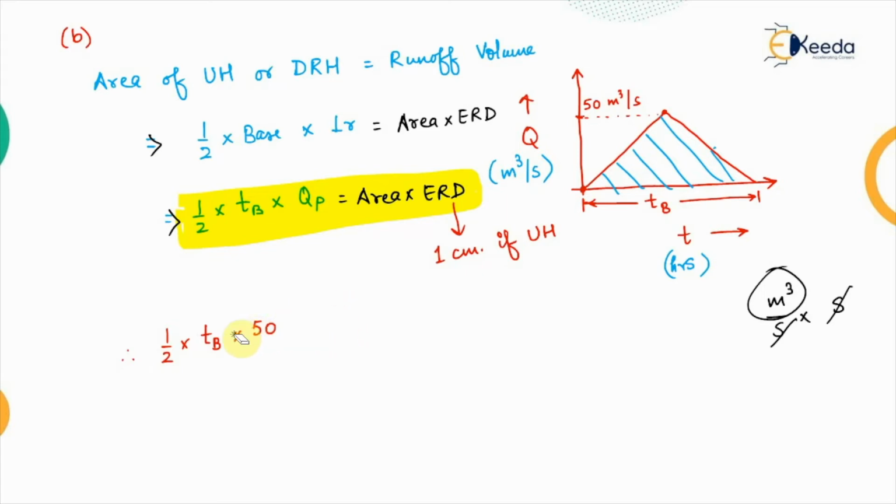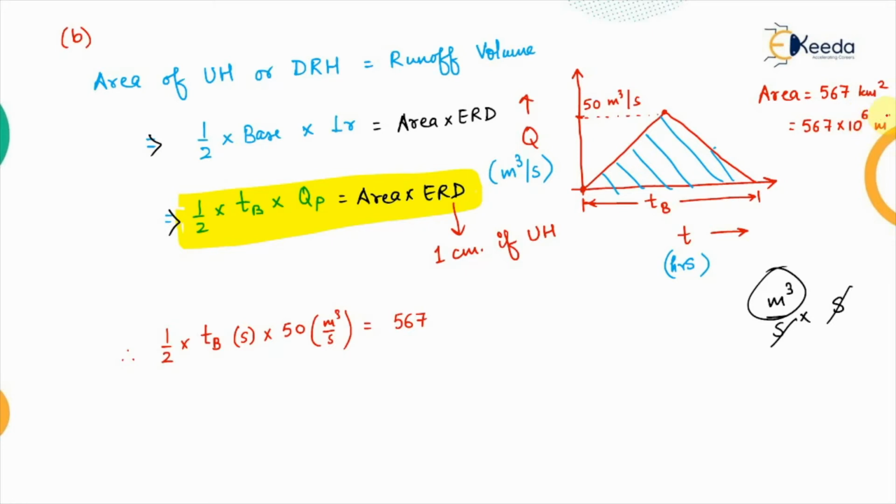First of all, let me write the units along with it. So half into TB, let's say we are calculating this TB in seconds, into the 50 cubic meter per second, and the area that has been given to us as 567 square kilometer. From here we will convert into meter.